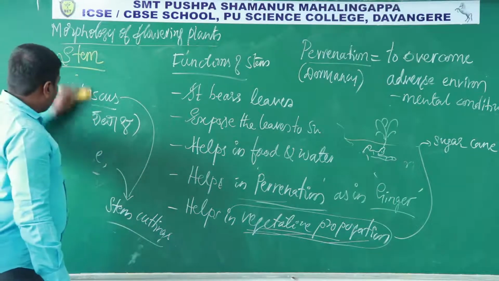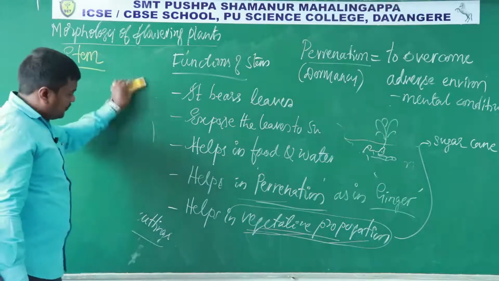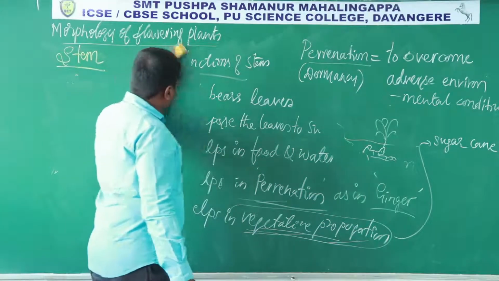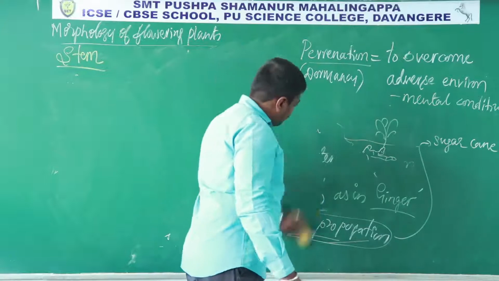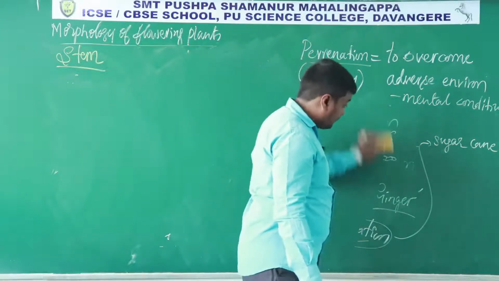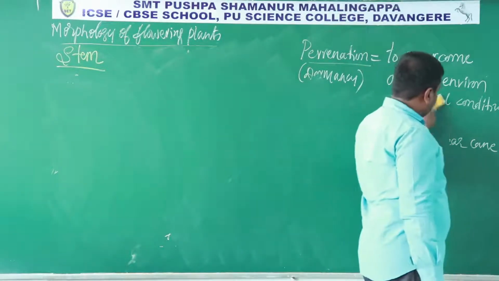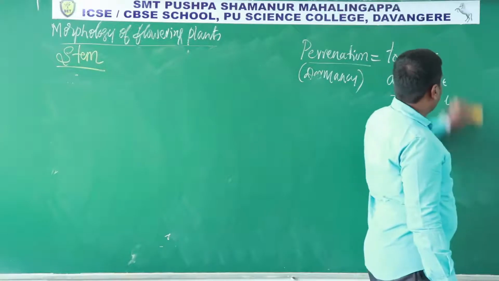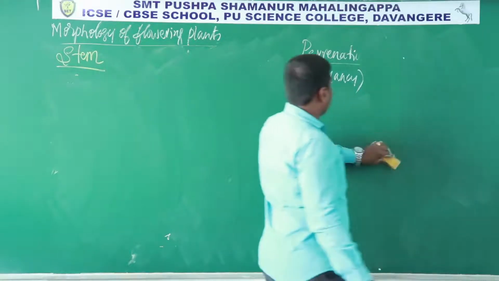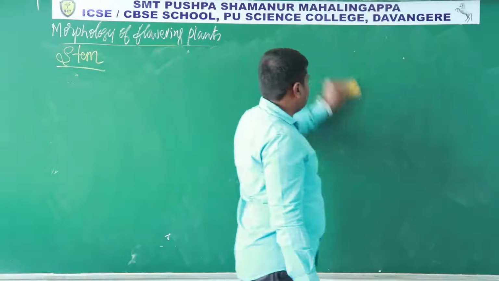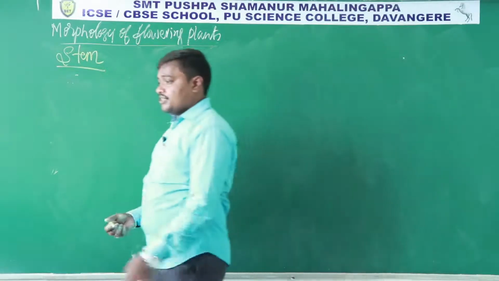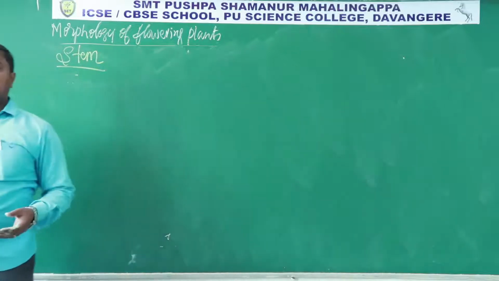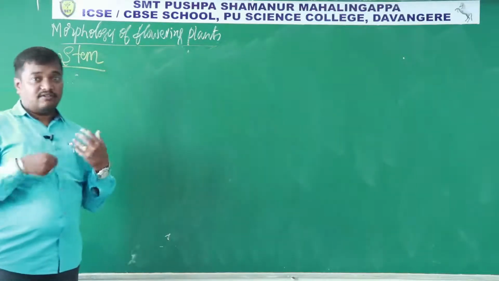Under the root section we studied, a root has certain modifications. Those modifications gave it different names. By undergoing certain modification, it performs very specific functions. In the same way, these stems also show certain modifications, and due to those modifications they can perform very specific functions.